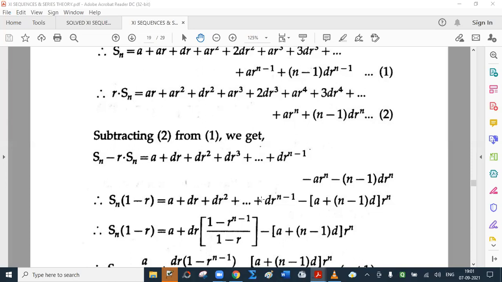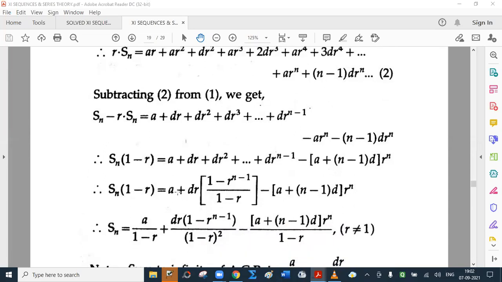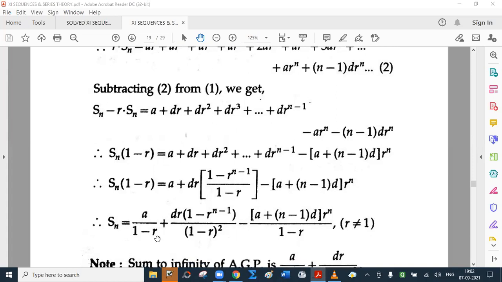First term is dr, and what is the common ratio? Dr square upon dr, that is r. Now from these two terms, what is taken common? R raised to n. Next step, a plus dr into (1 minus r raised to n minus 1) upon (1 minus r) minus this.